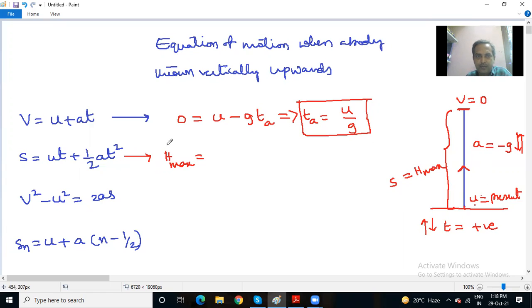Similarly v also. Now H max is positive, u is given and it is positive, plus, but a you need to take as minus g. This is t square. So you can write H max = ut minus half gt square.